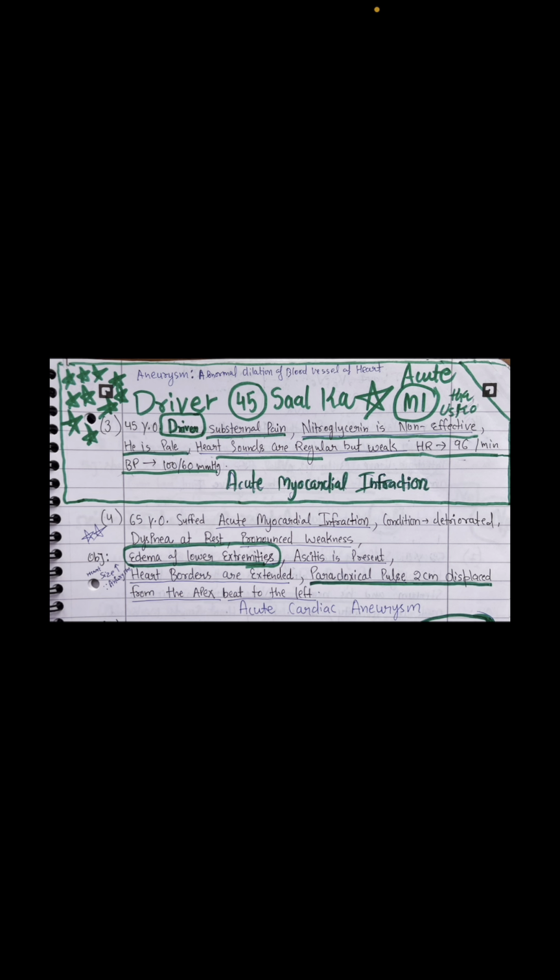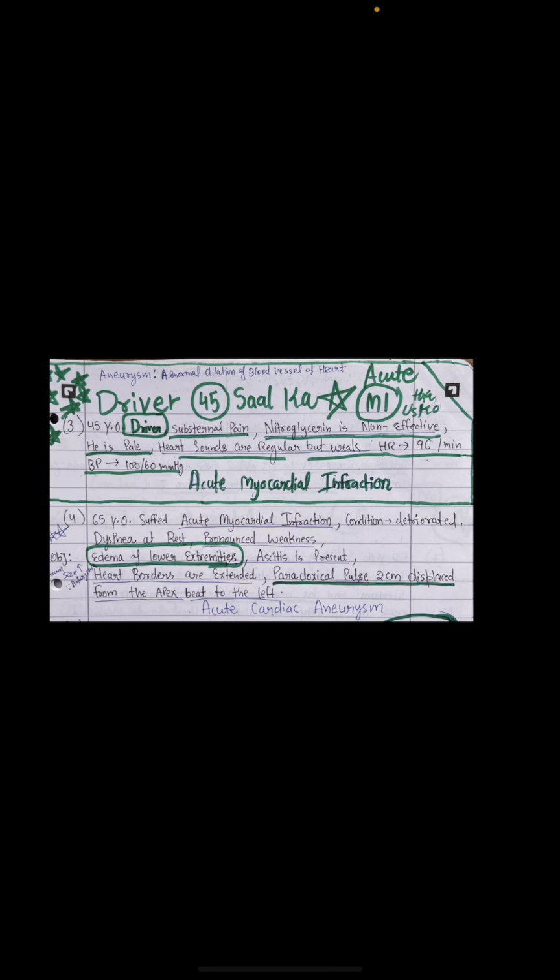So let's get back to our case, that he had acute MI. Now he is showing edema in the extremities, and the paradoxical pulse is displaced 2 cm from the heart apex. So this is the case of acute cardiac aneurysm. Let's go next.